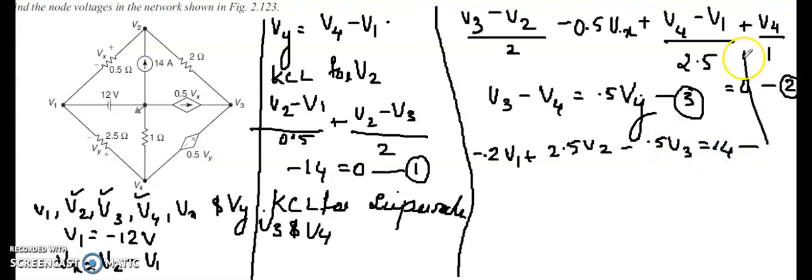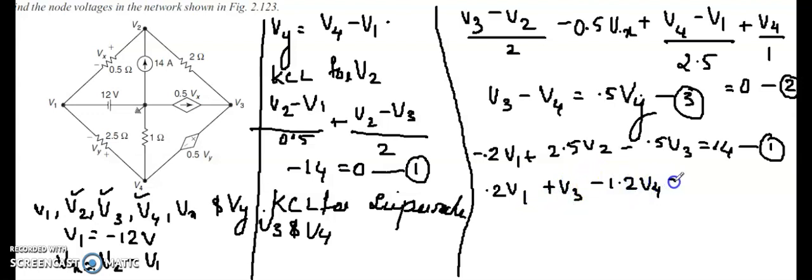This is the rearranged equation 1. And equation number 2 can be rearranged as 0.2 V1 plus V3 minus 1.2 V4 is equal to 0.